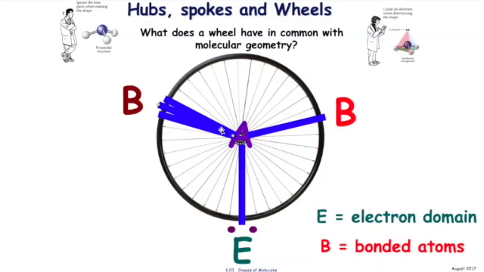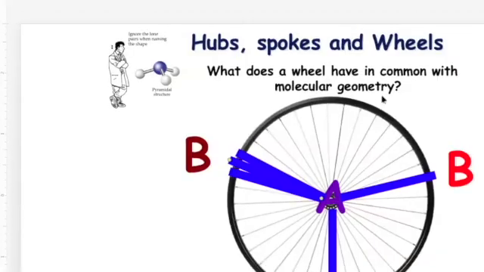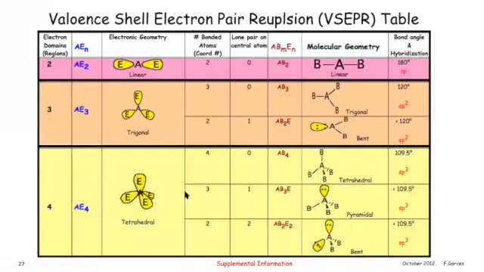So if you know how to count domains or regions of electron density, then all you have to do is go to this table, because it will tell you, you can have 2, 3, or 4 regions of electron density or domains. If you have 2, then the electronic geometry is linear, no doubt about it.